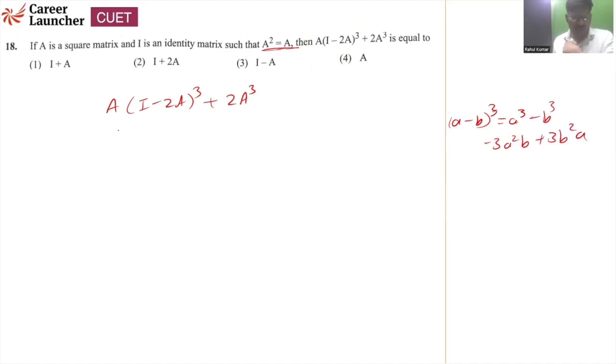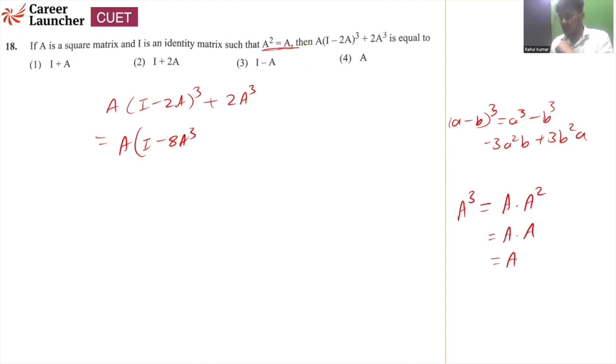So I'm expanding it. It will be I cube, which is I. Now it will be minus 8A cube. Let me elaborate so that I can directly write this. A cube can be written as A into A square, which is A into A, which is again A square, and it is finally A. As we have A square equal to A, I can directly substitute A cube as A from now onwards.